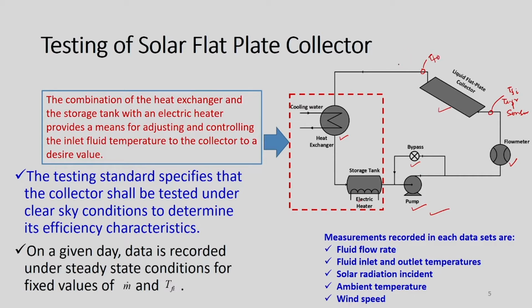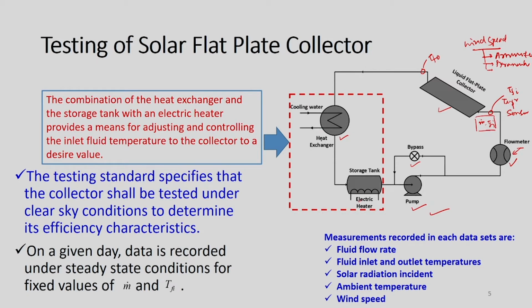We need an anemometer for wind speed, and a pyranometer for solar radiation, which is global solar radiation, and a rotameter for flow measurement. We need to perform experiments at fixed values of mass flow rate and TFI, on different days.